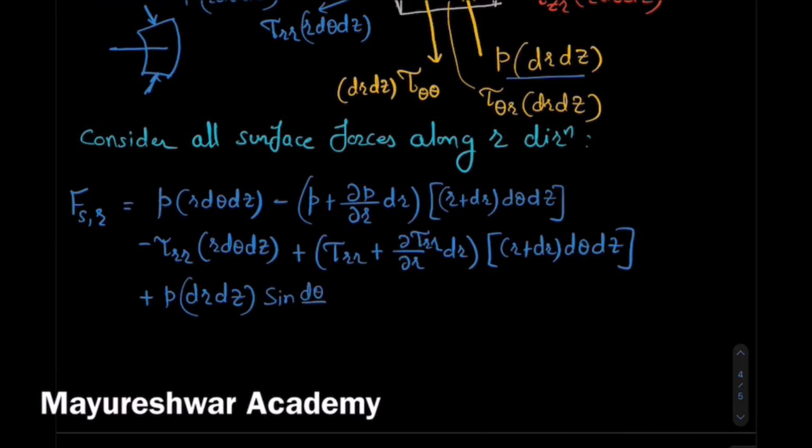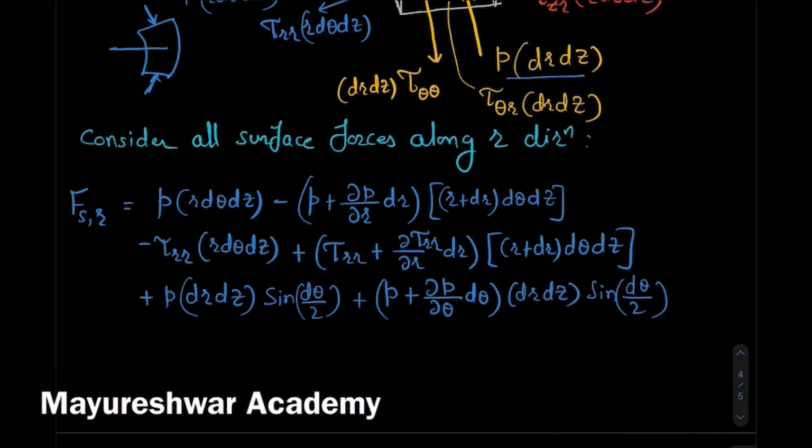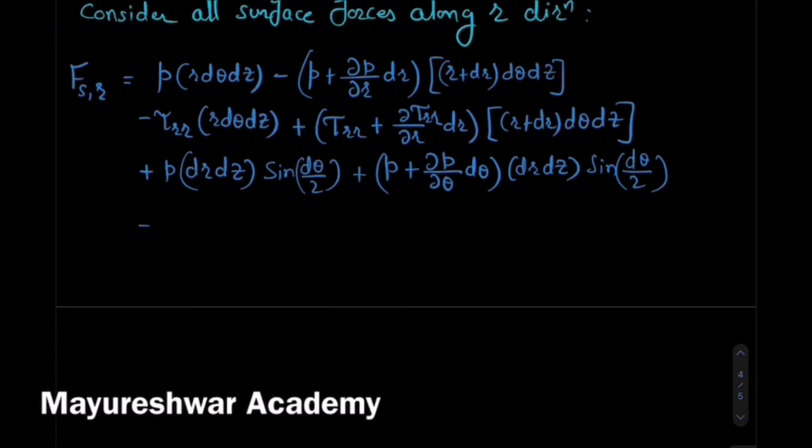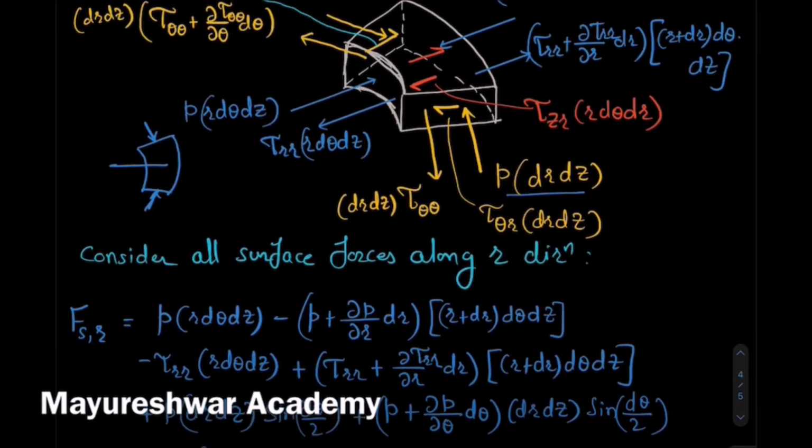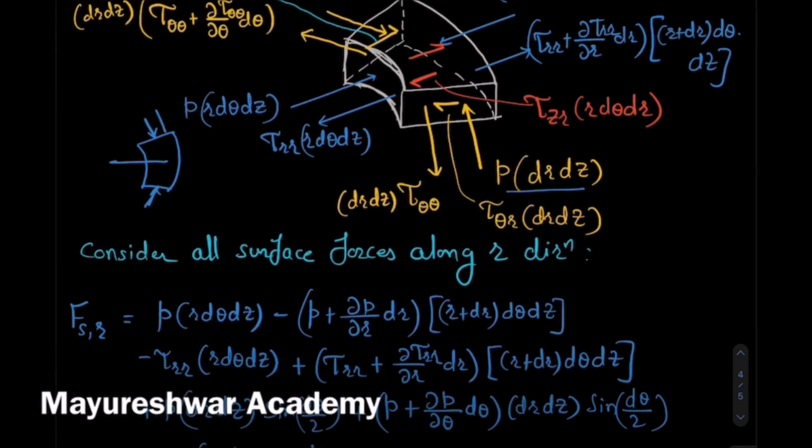So that's why we are going to consider the component sine d theta by 2, which is half angle, plus dp d theta multiplied by the same component, which is dr dz, resolved along r direction by sine d theta by 2, plus, sorry, minus tau theta, the normal stress of the same magnitude, which needs to be resolved along r direction.